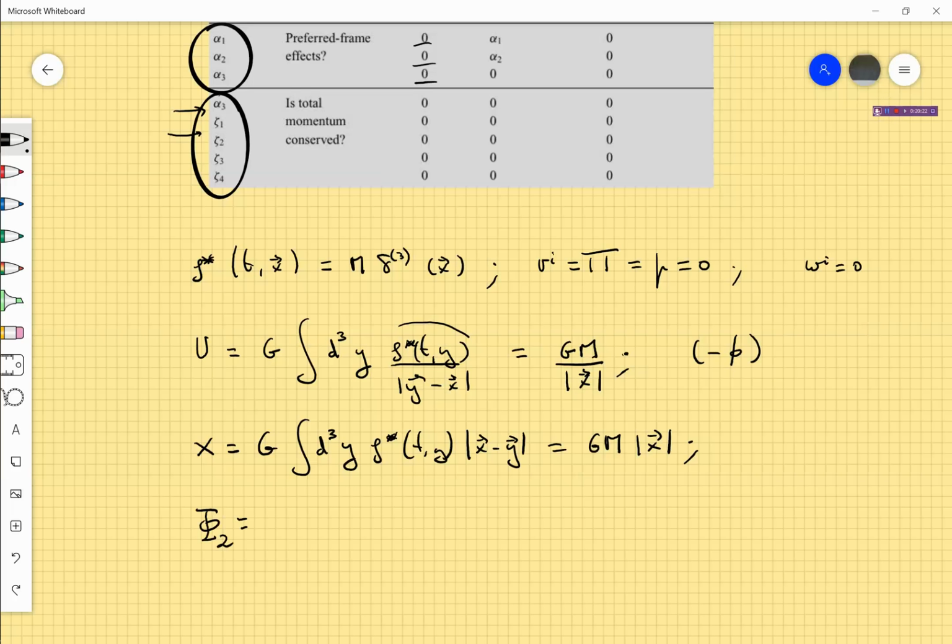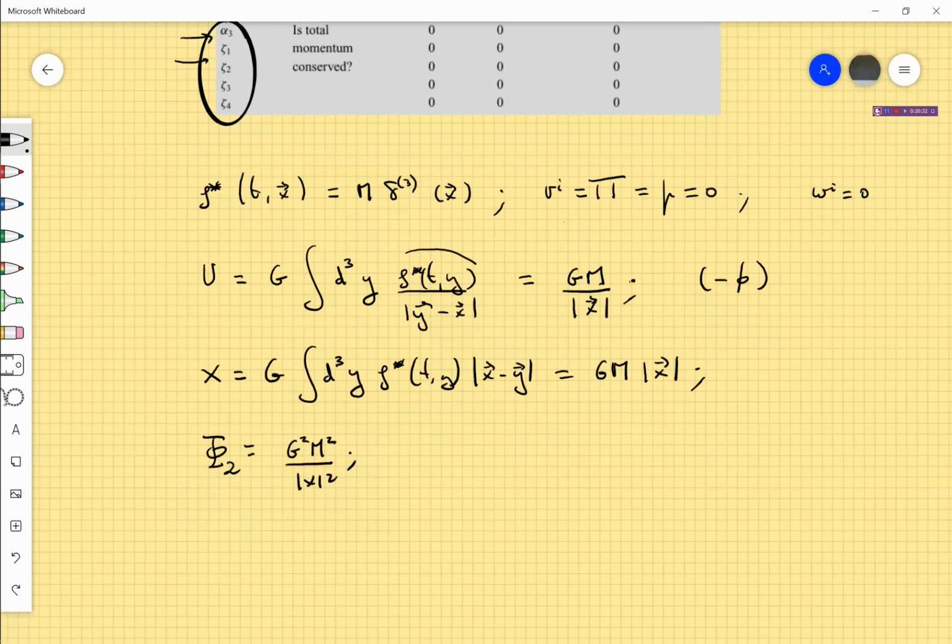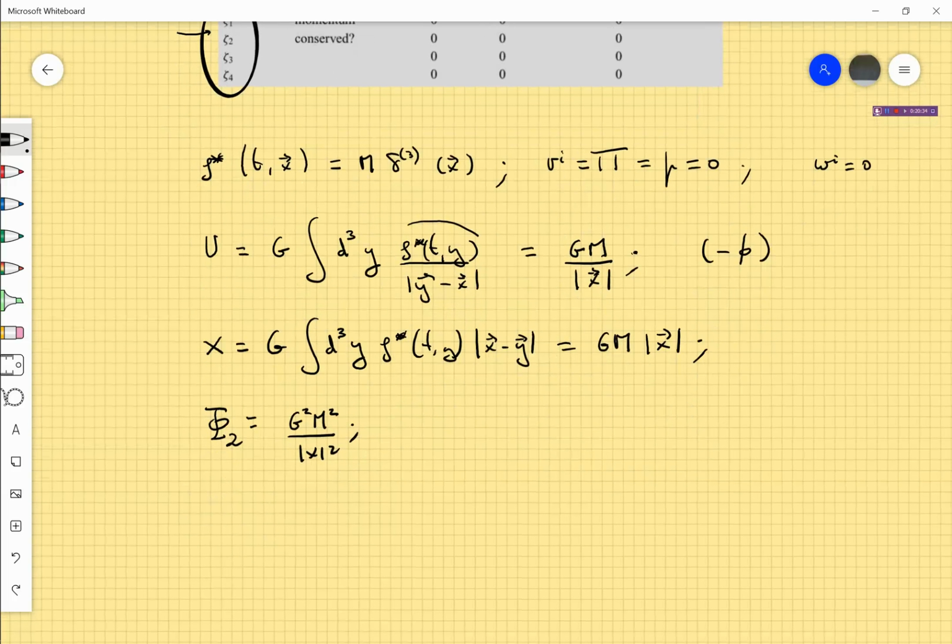Now you have to plug u and rho star, and what you get is G squared m squared divided by x squared. Phi w is a complicated combination of chi, u, phi 2, and so on, but you can check that this is identically 0. And then psi is minus 2 beta minus 1 times phi 2 minus psi times phi 2.